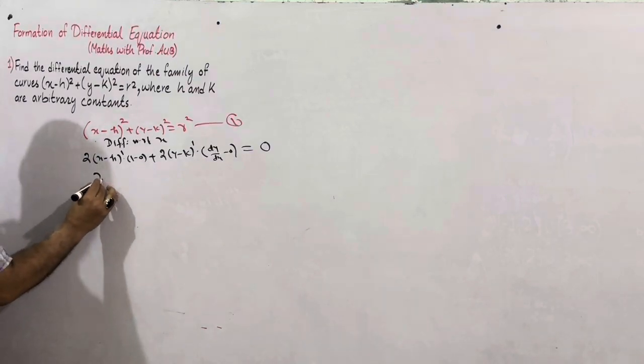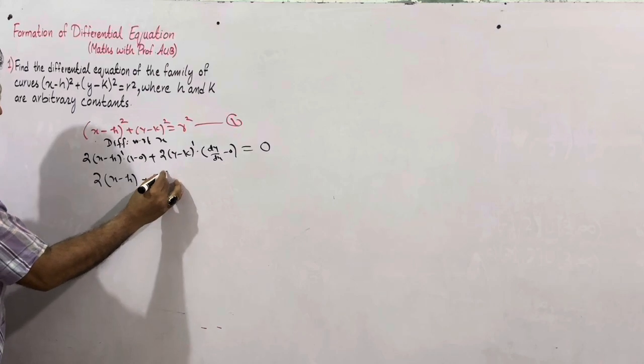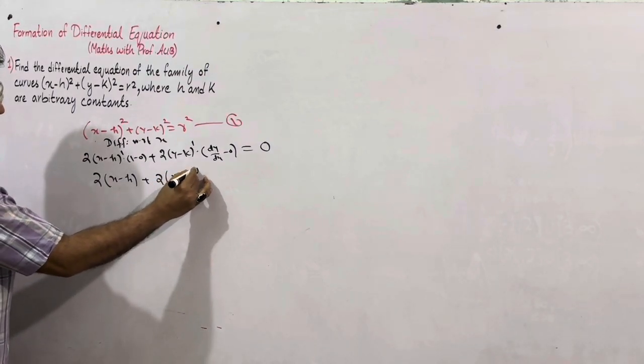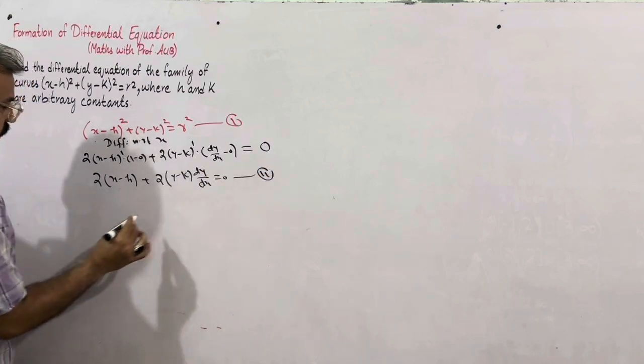It can also be written as 2 times (x minus h) multiplied by 1, having no effect, plus 2 times (y minus k) times dy over dx. That's our equation number 2.